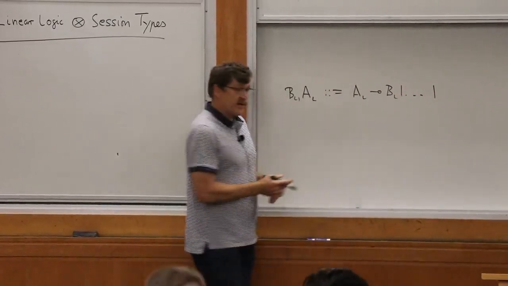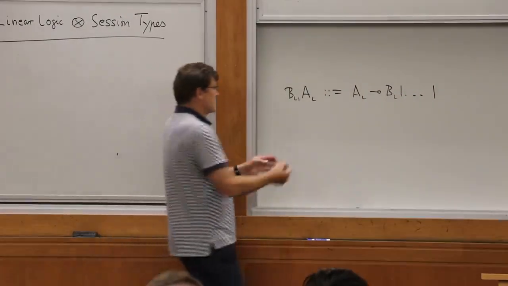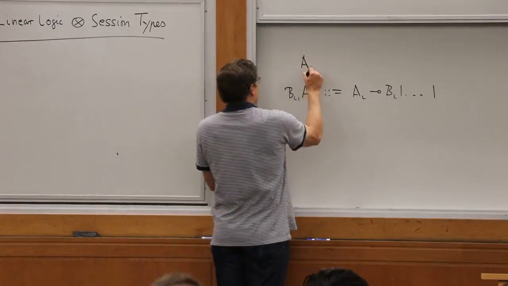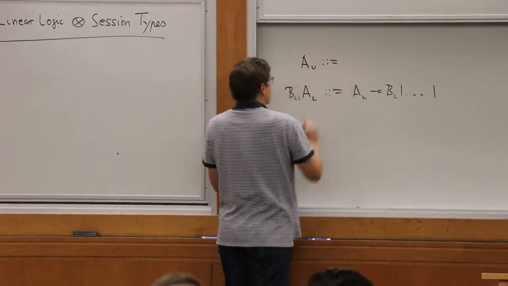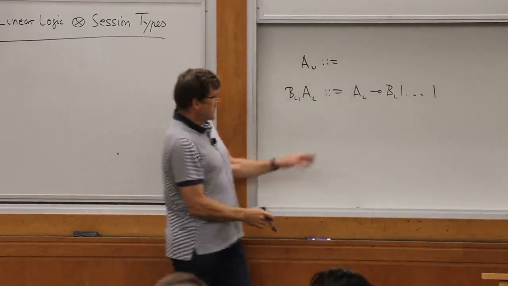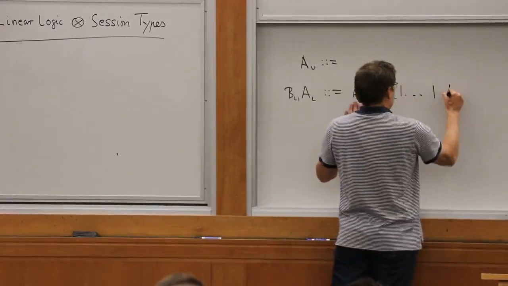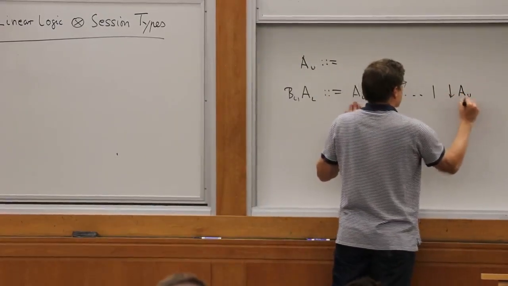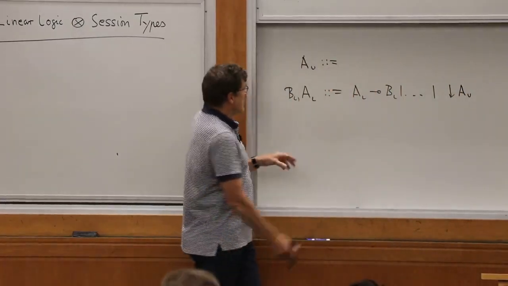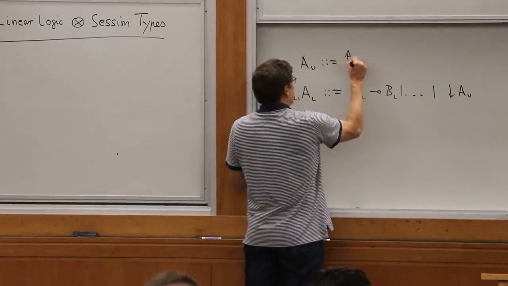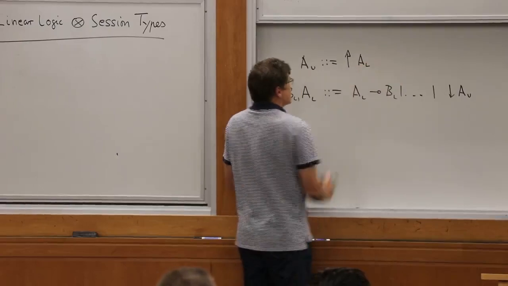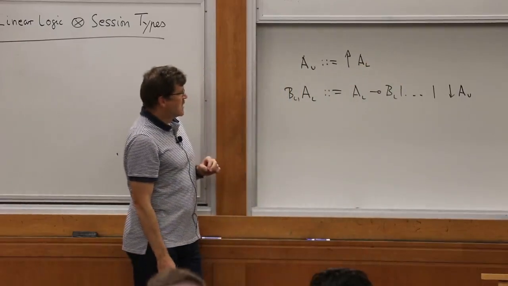But then you also have a layer in which things can be replicated or copied or dropped even. We call it A_U for unrestricted, okay? And then you have a way to embed, to come down from something unrestricted to be linear. And here you have a way to go up from something linear to make it unrestricted, okay?